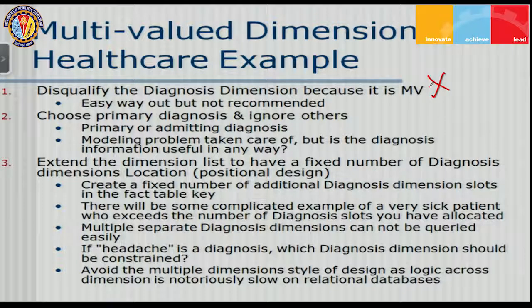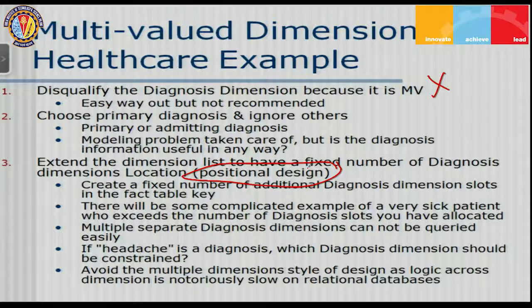This is also called a positional design, and positional design is not scalable, because I just explained that a patient can have any number of diagnoses, so you cannot fix the number of diagnoses that you want to record.